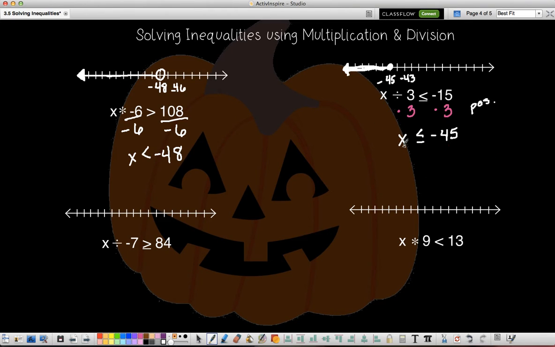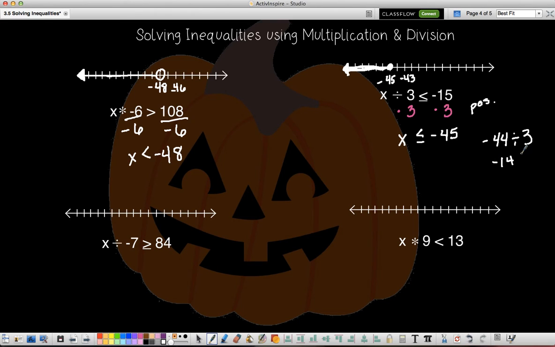And now if you take a look, so let's say we put in negative 44. Or no, we want it to be, yeah, so negative 44 is greater than negative 45. So if I do negative 44 divided by 3, okay, I get 3 goes into 4 once, and I get 1 left, and it goes into 14 4 times.